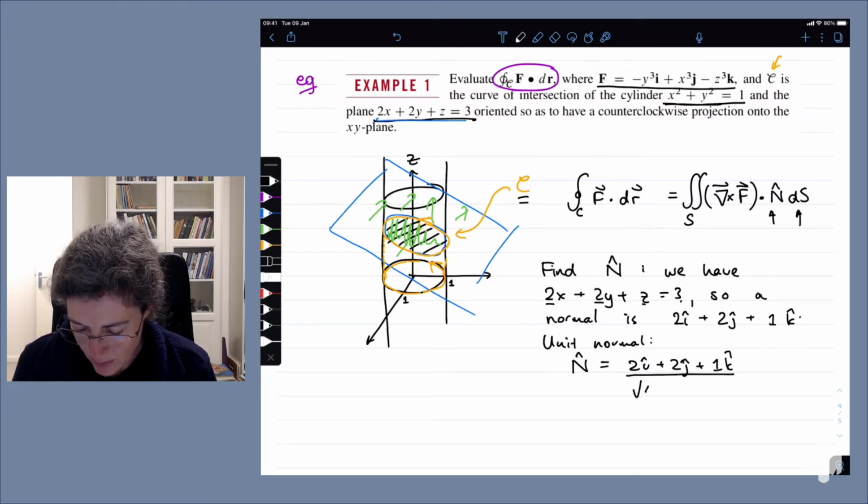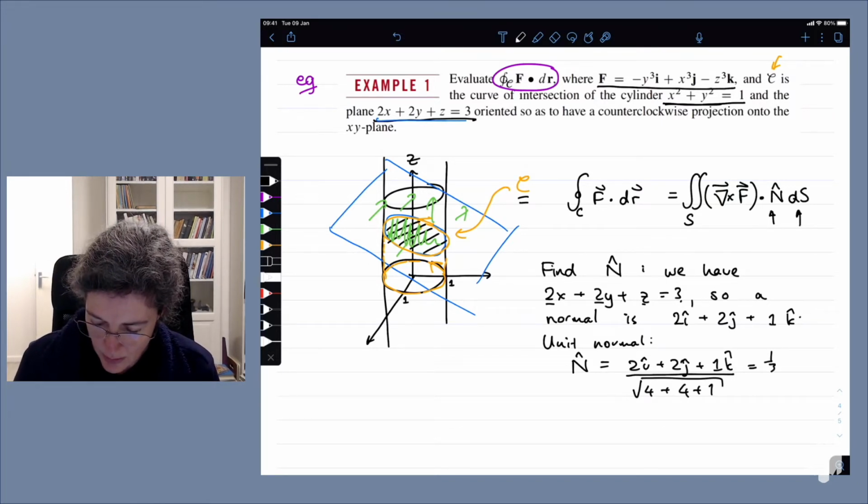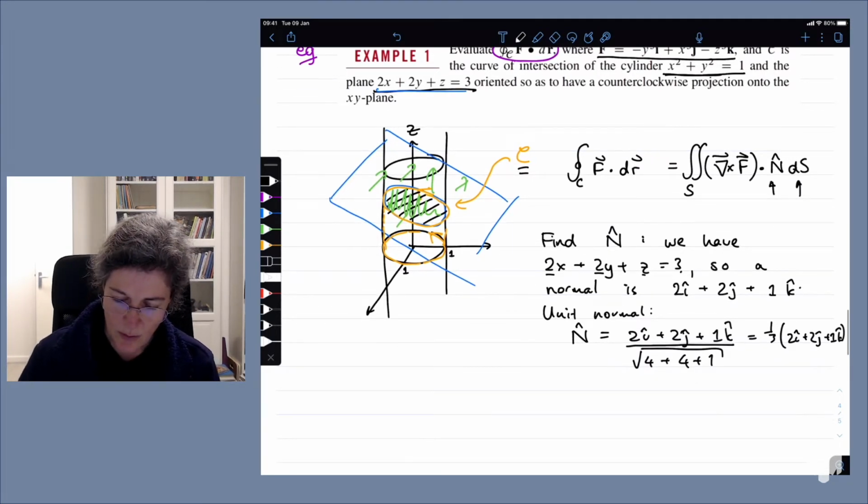So that's going to be over the length, which is just 1/3, I think. Okay, so we've found our normal.